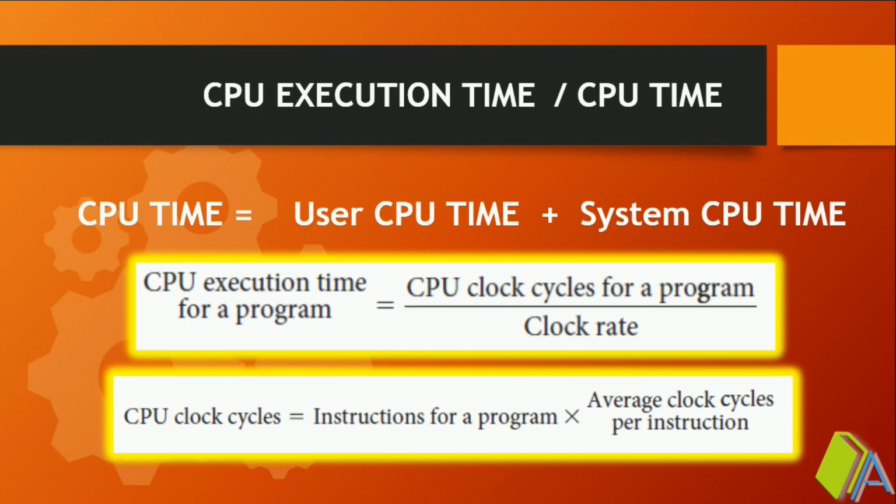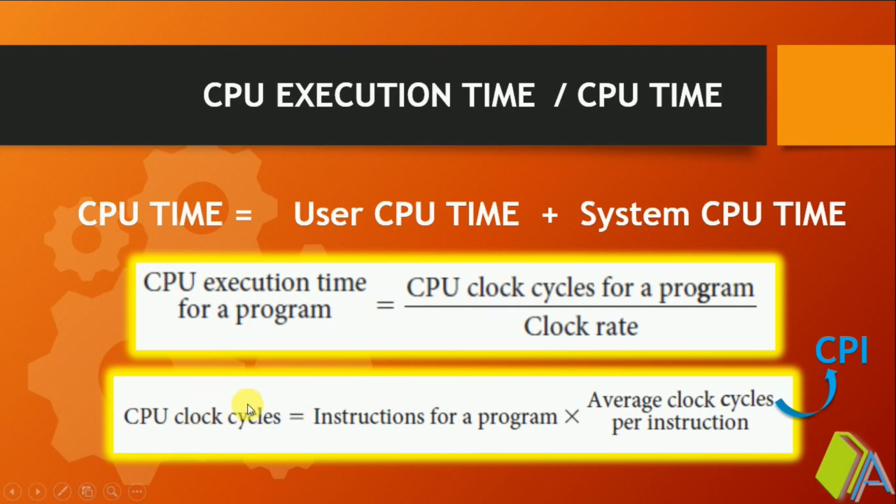So at that time, the number of clock cycles required for executing that instruction will be higher. So we will be calculating the average clock cycles per instruction based on all the instructions. Based on that only we will be calculating the CPU clock cycles. This average clock cycles per instruction is known as CPI, clock cycles per instruction.